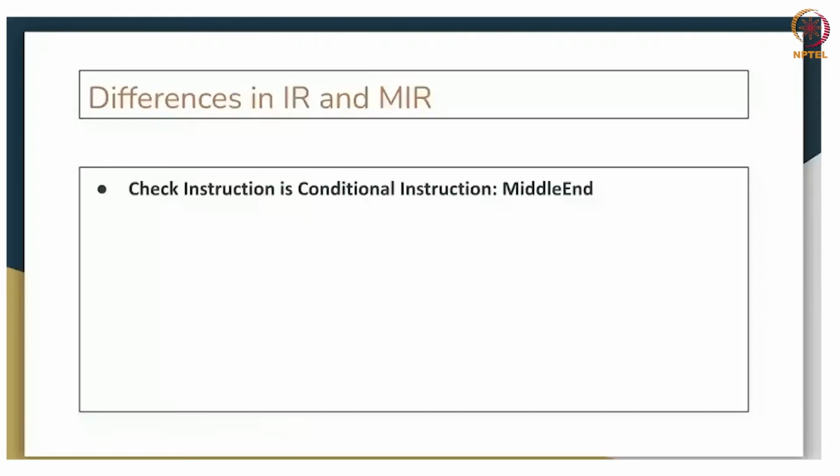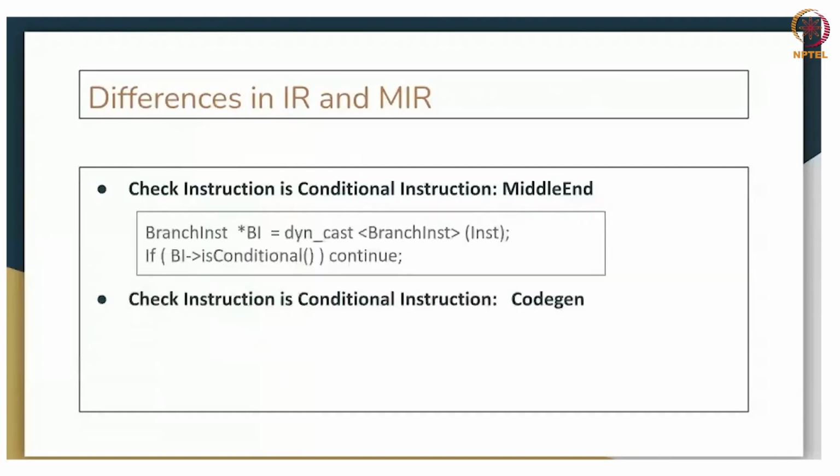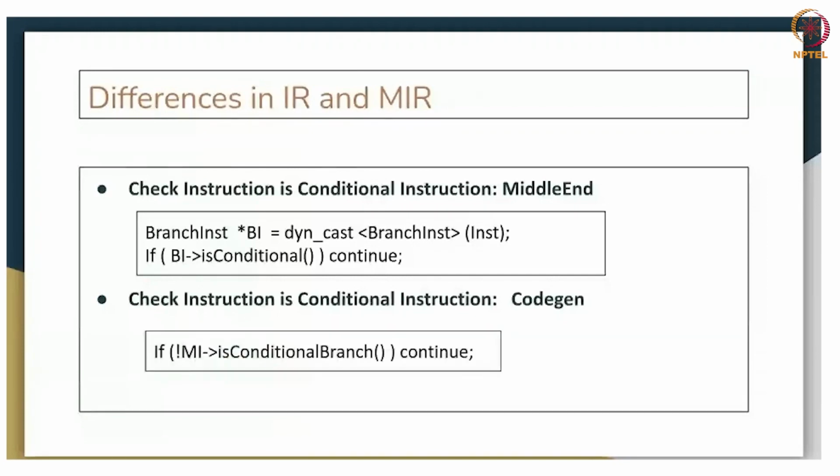For example, checking whether an instruction is a conditional instruction in a middle end pass versus in a code gen pass. Here a branch instruction is cast using a dynamic cast, which cannot be done in a code gen pass. So what works in the IR may not work in the MIR.